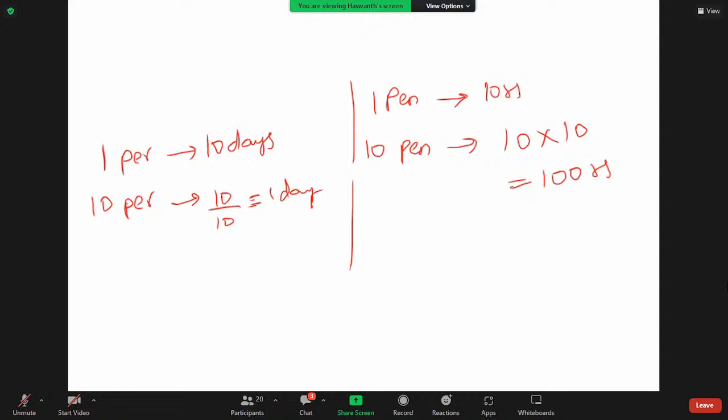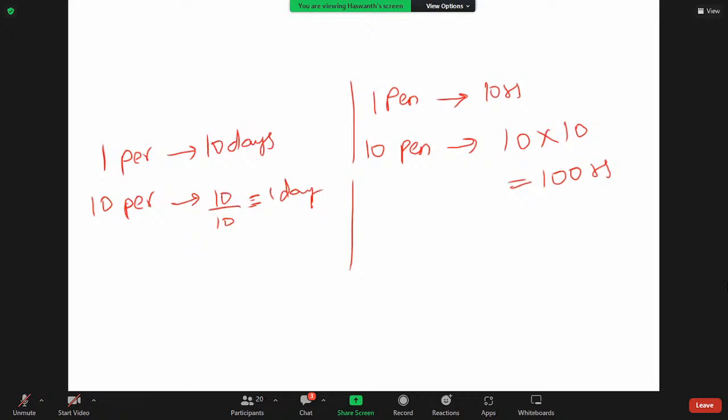Then if a value will be more, multiply. If one pen costs 10 rupees, 10 pens will cost more. So multiply 10 into 10, we say 100 rupees. Whereas if one person takes 10 days, 10 persons will take less time.